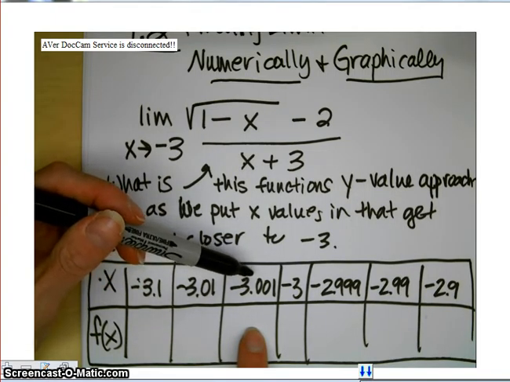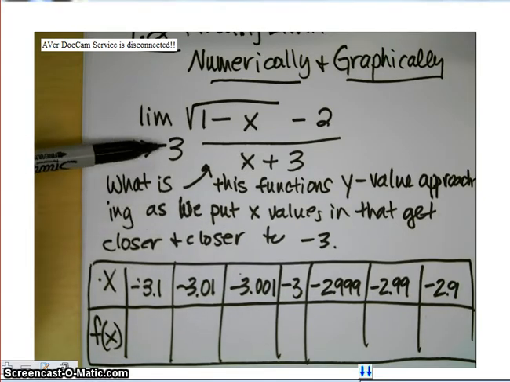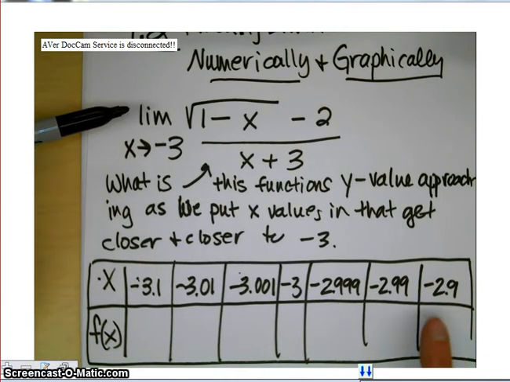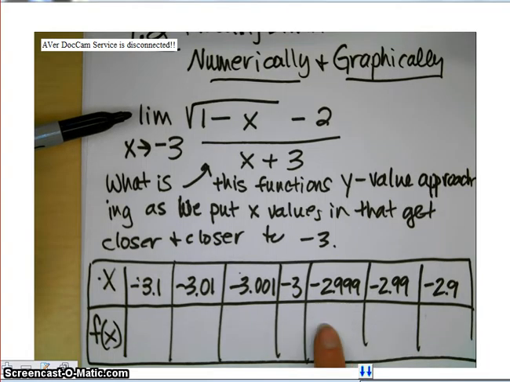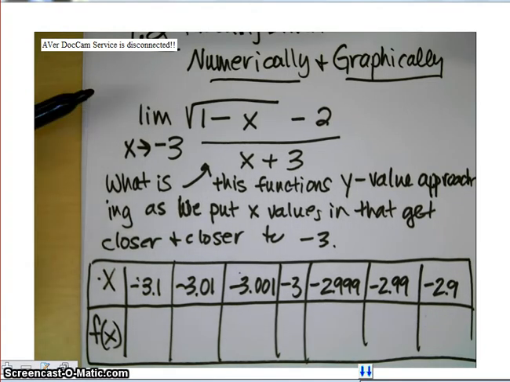Some of you think that approaching -3 would be numbers like -6, -5, and -4. Okay, the key is when we're dealing with limits, we have to look as close to -3 as we possibly can. Are these numbers -2.9, -2.99, and -2.999 also all getting closer to -3? Yes. Why do we need both of those?